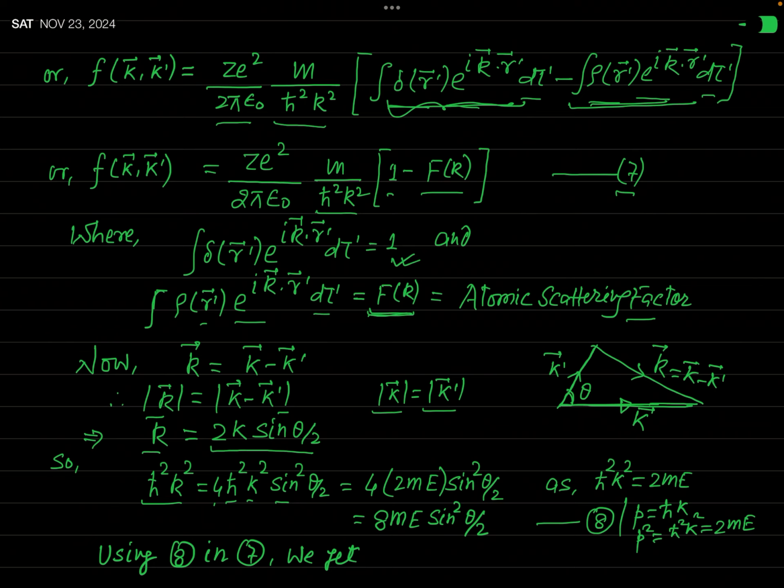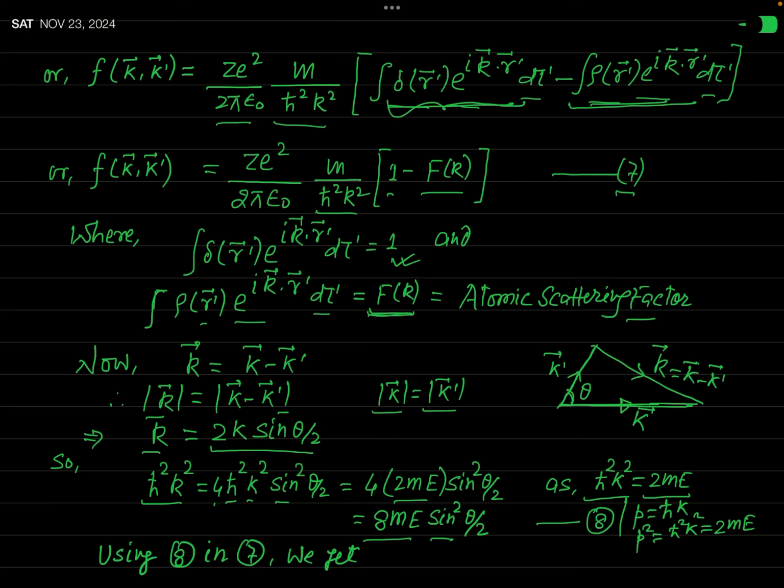So instead of this h bar square k square, we can write 2mE. So h bar square times k square has been replaced by 2mE, and that's why h bar square kappa square is equal to 8mE times sine square theta by 2.